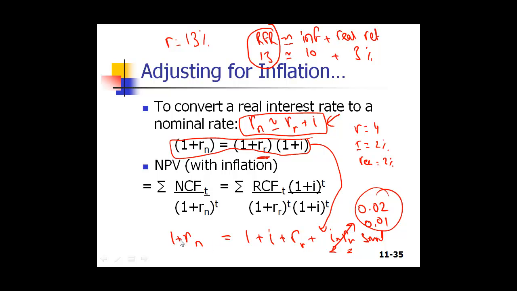So what are you left with? You cancel the ones, as was pointed out. The nominal rate is then approximately inflation plus the real rate. This becomes an approximation now because we cancelled this out. So this then becomes a linear approximation of this formula.